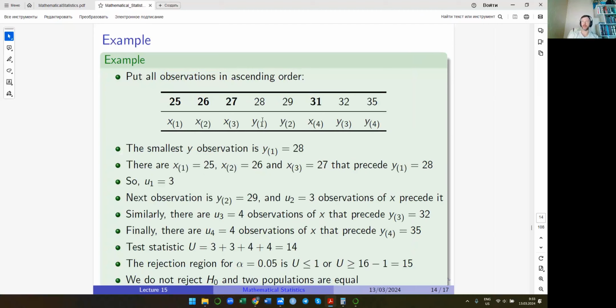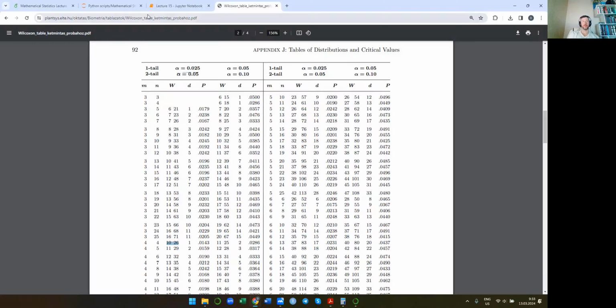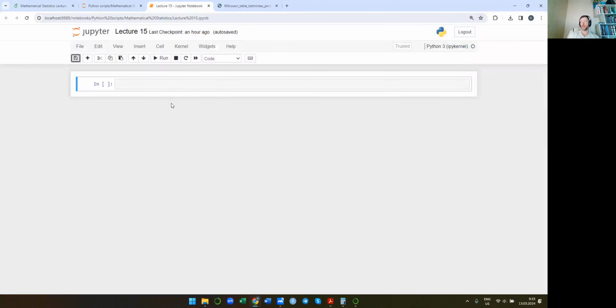You see that manually the Mann-Whitney test is not that nice to implement, because you have to order the observations, you have to count how many observations of one sample are preceding the observation of the second sample, and so on. I can show you how we can apply the same in Python.